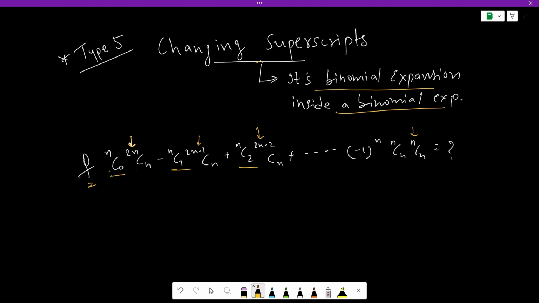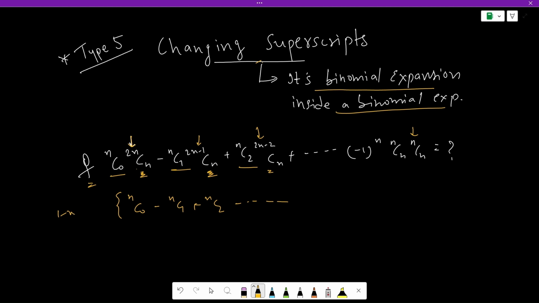Now what you can observe here is, if we ignore the second terms, then this is essentially nC0 minus nC1 plus nC2 and so on.